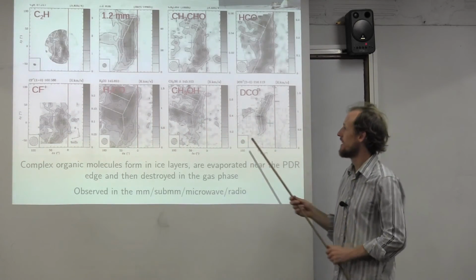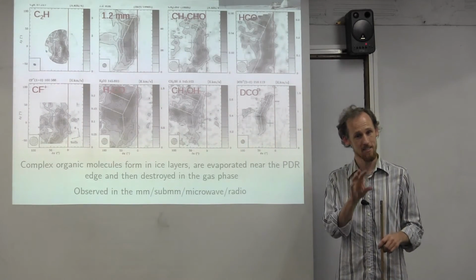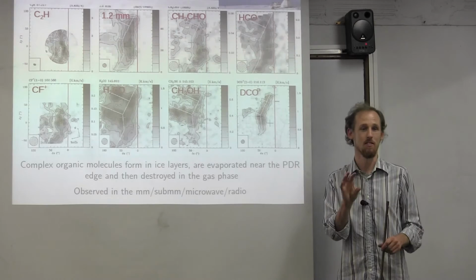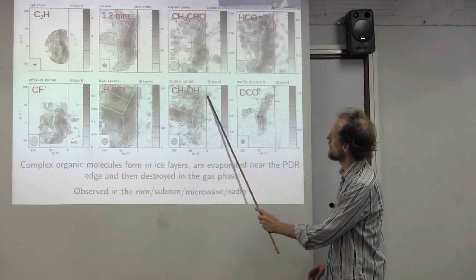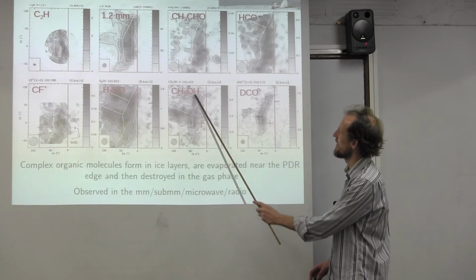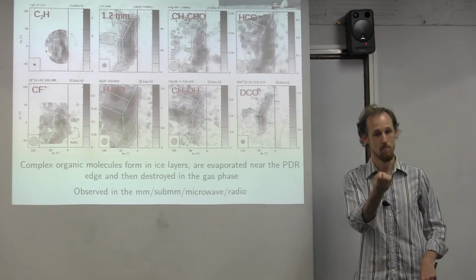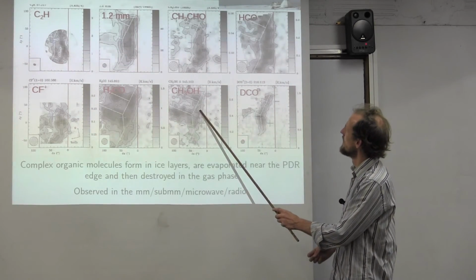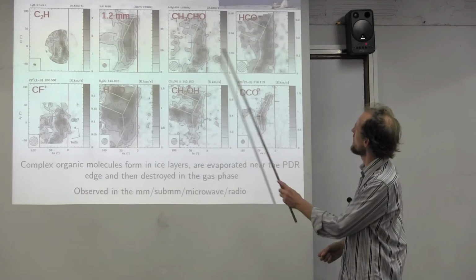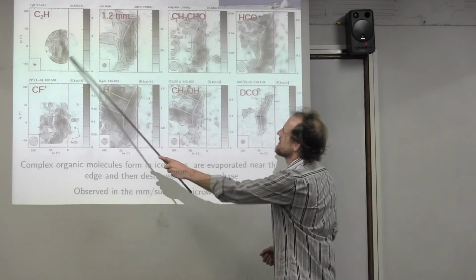We begin with methanol, because one of the main parts of ices is water and methanol. As you approach this line where the UV photons are, you get a big front of methanol, because it's been released from the ices by the UV radiation and the rising temperature. Combined with that, you also see H2, DCO+, C2H.